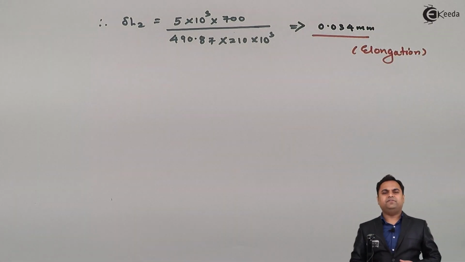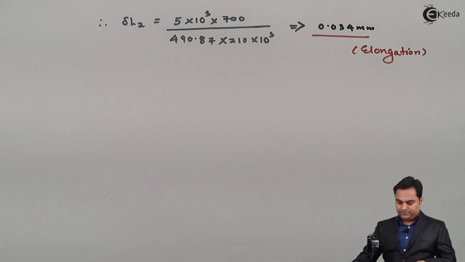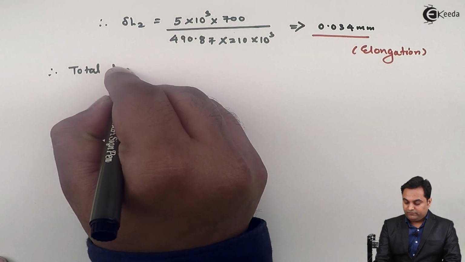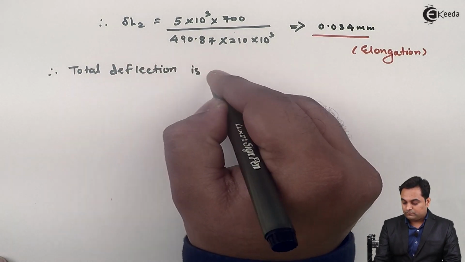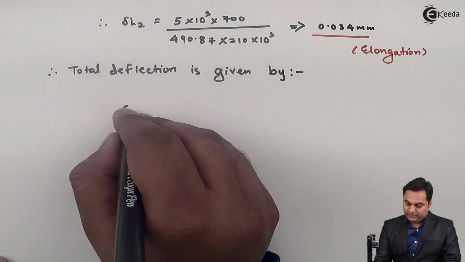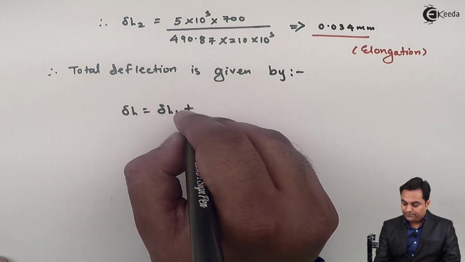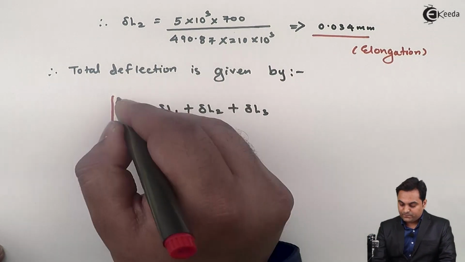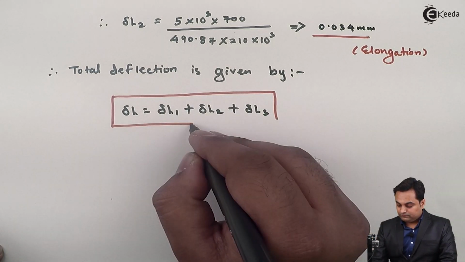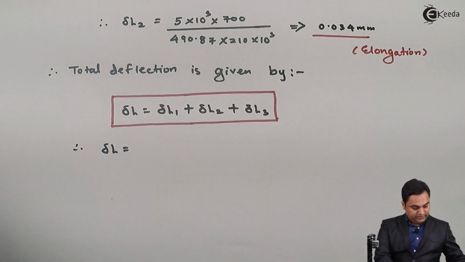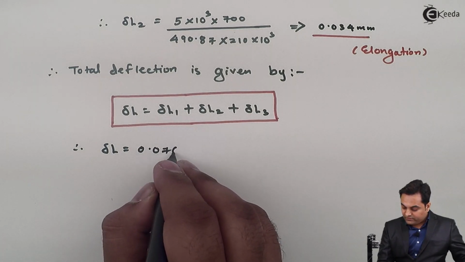So after getting these three deflections, we can get the total deflection by adding them. So here I can say that therefore total deflection is given by delta L is equal to delta L1 plus delta L2 plus delta L3. So therefore total deflection is equal to delta L1, the value we have found out, it was 0.076.